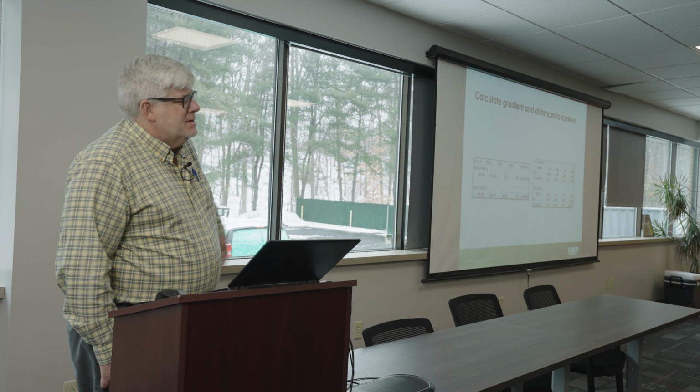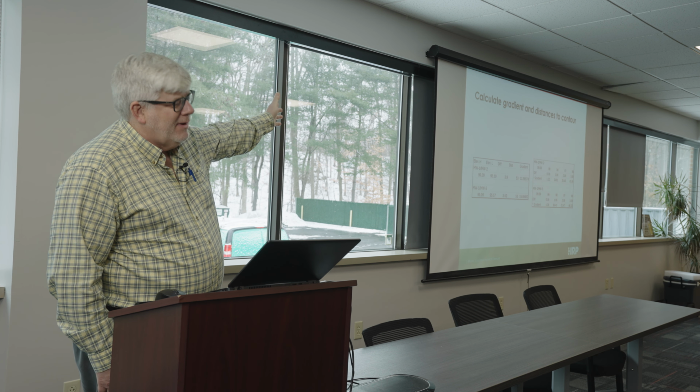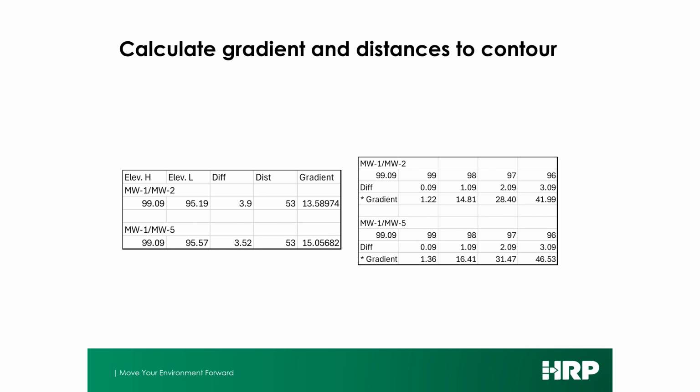And all you do is you start with the elevation from one end to the other on the line, doesn't matter. I like to subtract. I started with 99.09. So the 99-foot contour is going to be 0.09 difference from there. And then as we go each foot, 1.09, 2.09, 3.09.